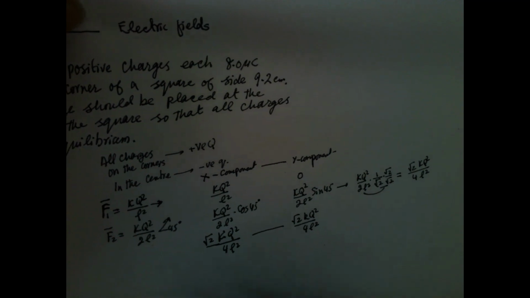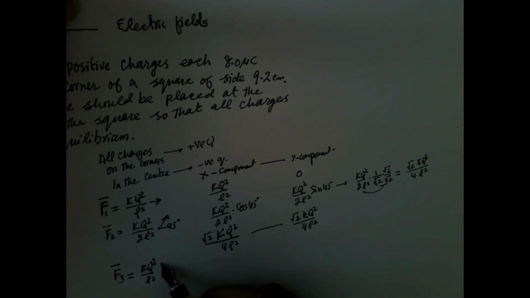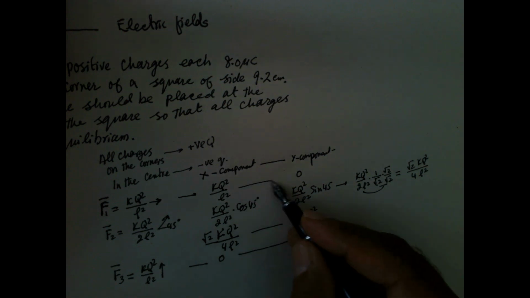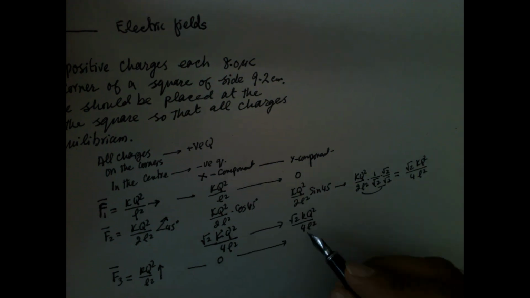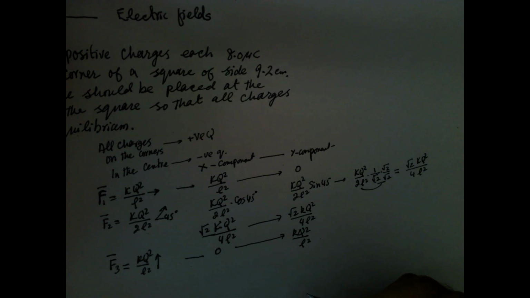So this is F2. Similarly, F3 is up, kQ squared over L squared. This is along the y-axis, so the x contribution is 0 and the y component is kQ squared over L squared.